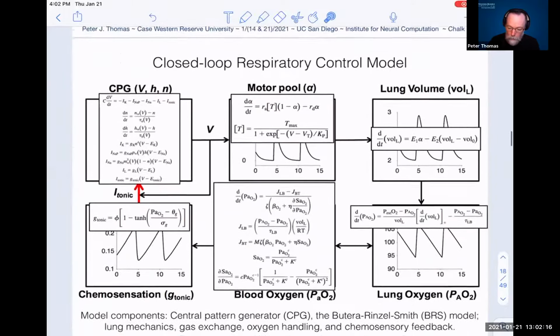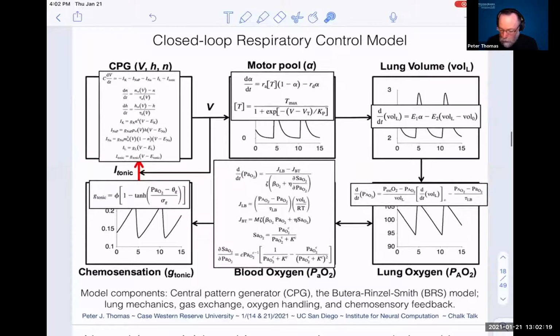Okay. There are equations. If anybody wants, we can go through all the equations. I'll just point out the form of the sensory feedback that I sketched with that sigmoid. This is G-tonic as a function of the partial pressure of oxygen, and it follows such a curve.